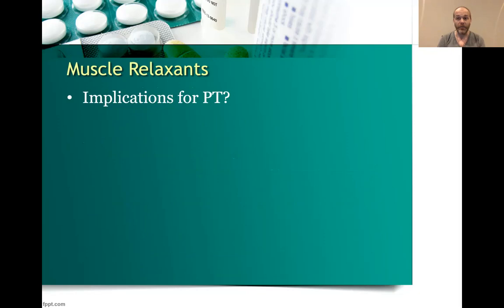If they're getting intrathecal baclofen or Botox injections, maybe they just got their Botox injections and it's fresh, or they just got a new dose up in their dosage on their pump, then maybe they're a little weaker than normal and they've got to learn how to function in that new amount of strength.